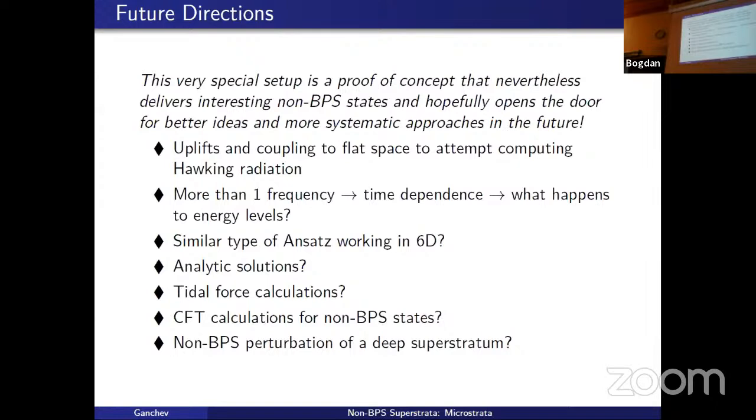If you imagine turning on a whole bunch of states, everybody shifts differently in response to everybody else. So rather than having the rigid spectrum with high degeneracies that you find in supersymmetric systems, turning on the non-BPS shifts the frequencies all over the map depending on the amplitude of everybody else.